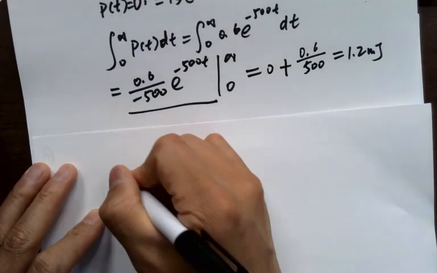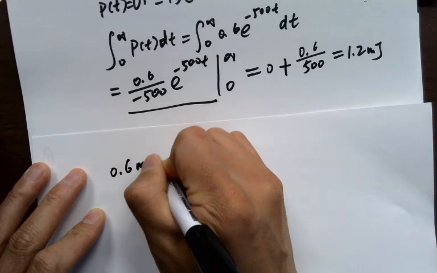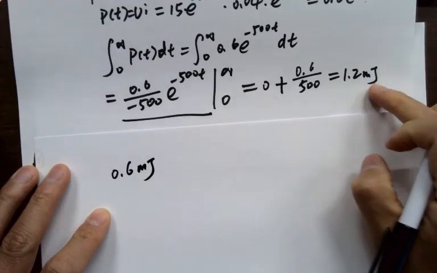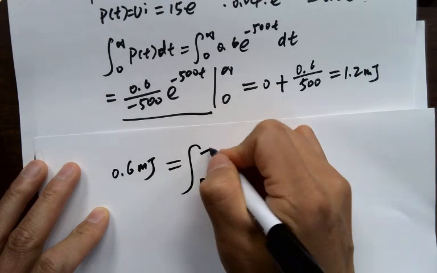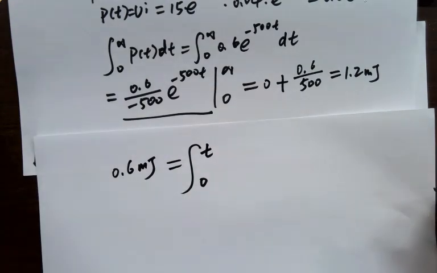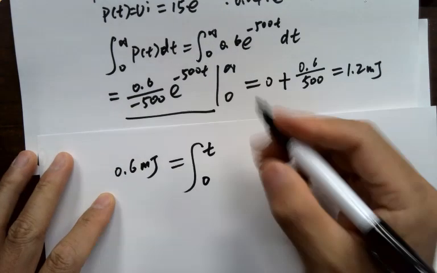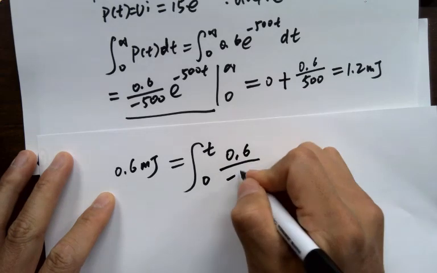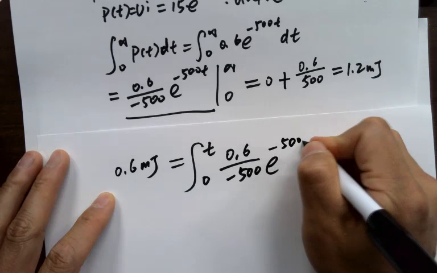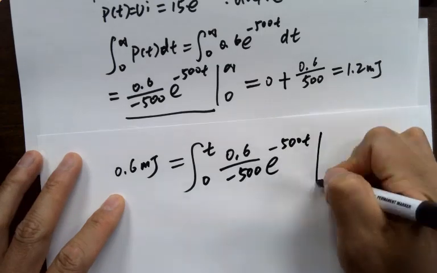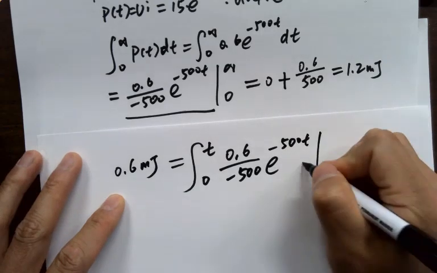So just use 0.6 millijoules, that's the half of the energy, right? Equals, now you want to know t, so you want to keep a t here. Still the same equation, 0.6 over negative 500 e^(-500t) dt.